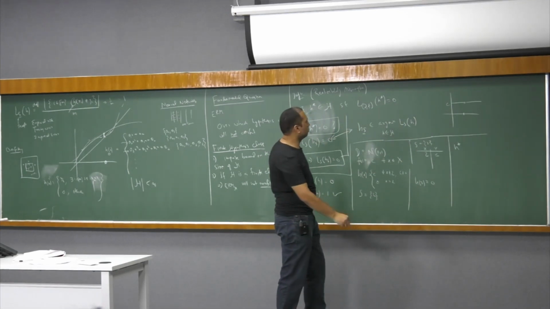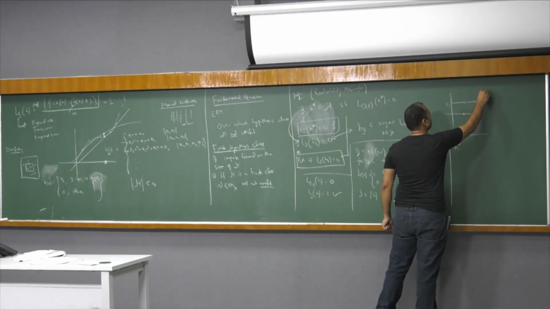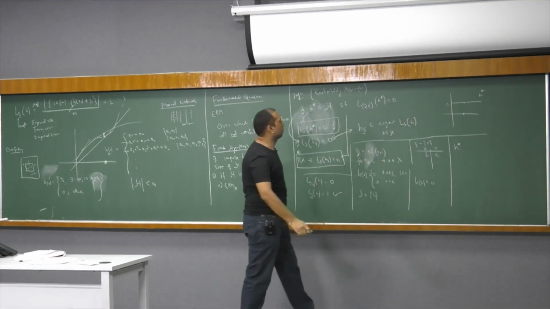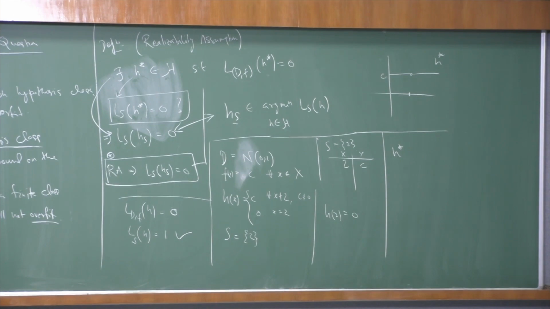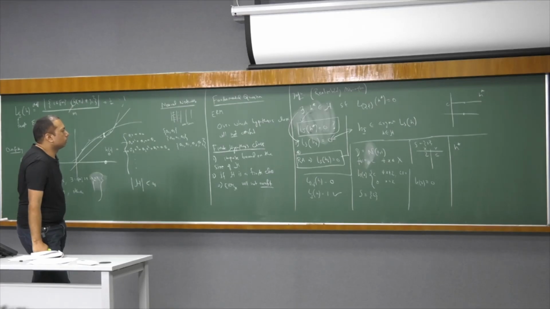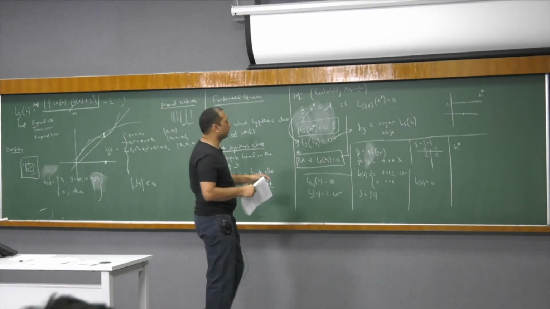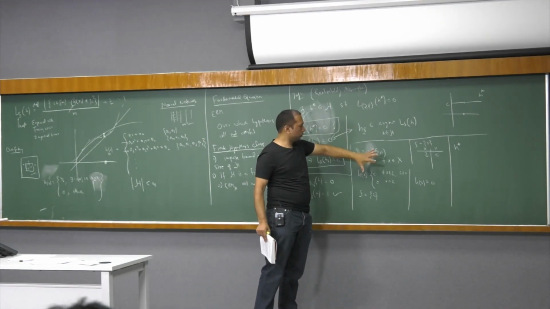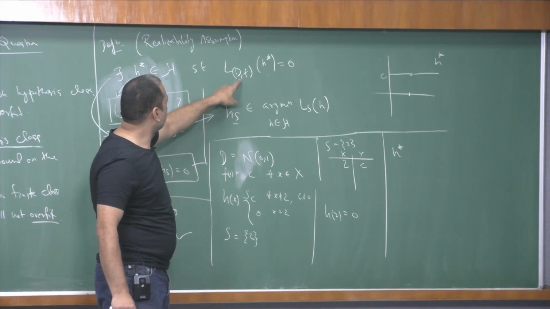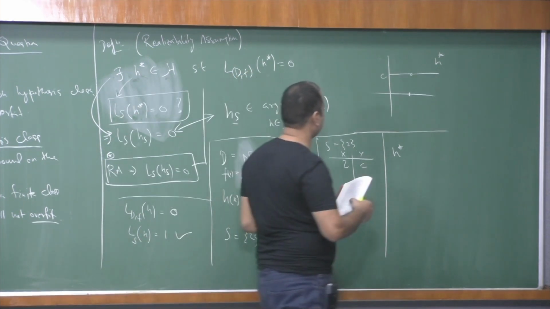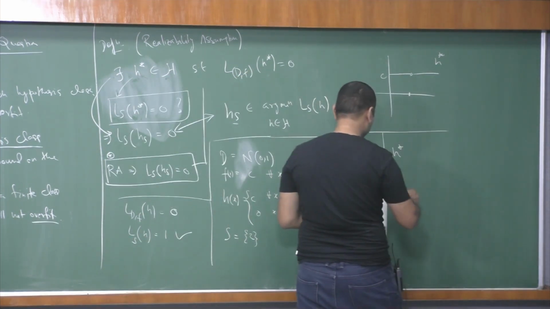So we are claiming this to be our h star, and we are saying that L_D of that will be 0, okay? The only thing I want to make sure now is for this h itself, is this 0, right?